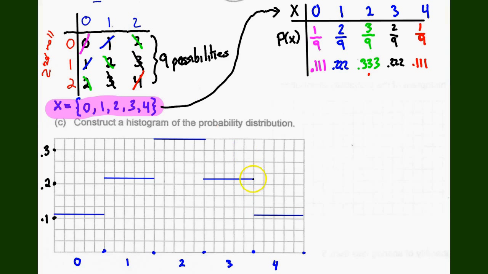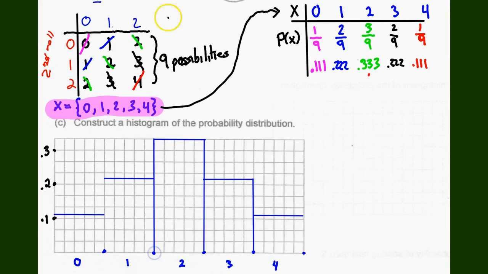All right, then I'll put the vertical parts in here to make the histogram. Oops.